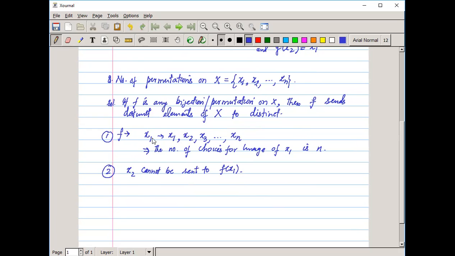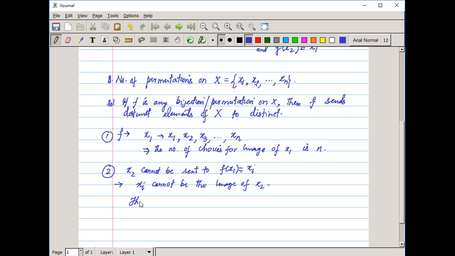Since the mapping f is a bijection and f of x1 is the image of x1, f of x1 cannot be the image of x2. So suppose f of x1 is equal to xi. This means xi cannot be the image of x2, because otherwise the function f would not be a bijection.